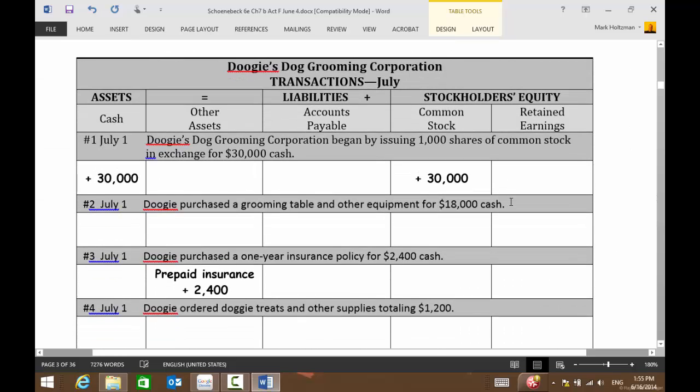Now you can see on the next page a little bit about what we're doing here. I have assets set up in the first 2 columns, liabilities in the 3rd column, and stockholders' equity in the 4th and 5th columns. So if the company received $30,000 in cash in exchange for common stock, then you would increase cash by $30,000 and you would increase common stock by $30,000. And your balance of assets equals liabilities plus stockholders' equity is going to be maintained.